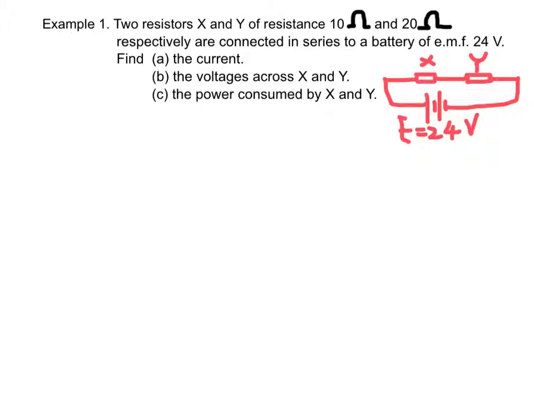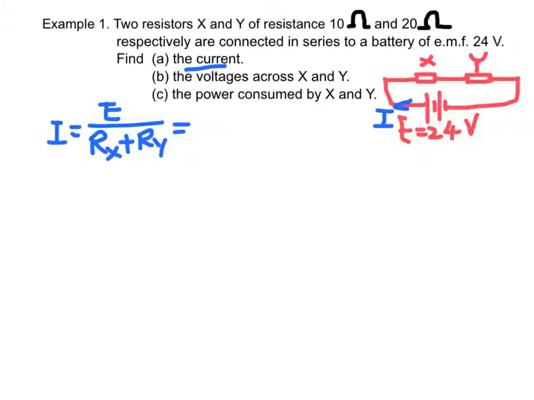Example 1. The current I equals total EMF over total resistance, equals 24 over 10 plus 20, which is equal to 0.8 ampere.